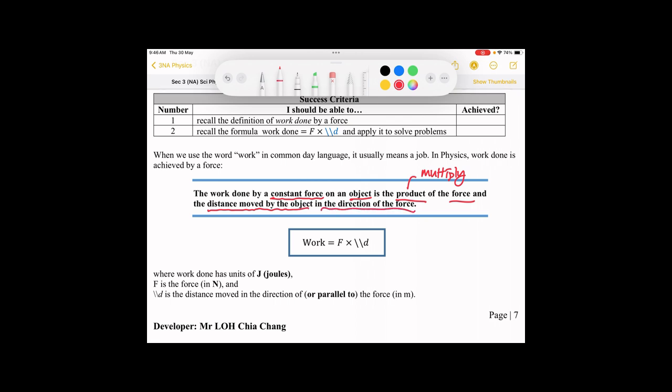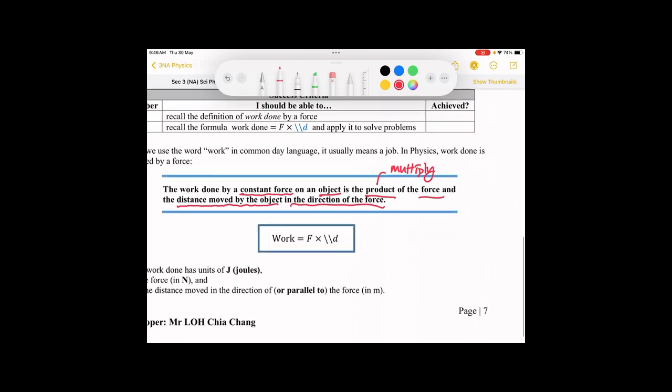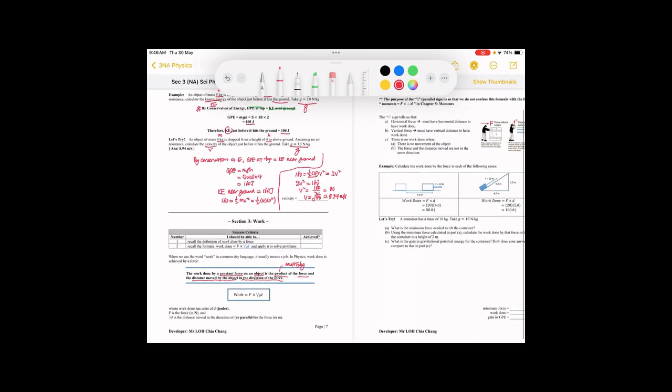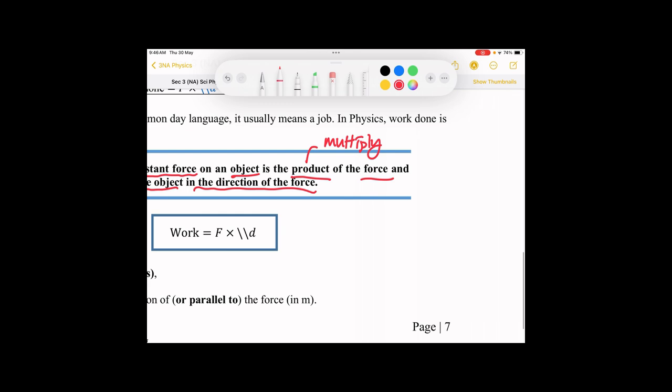I think a picture is easier for us to see. If I have an object that was originally here, there is a force acting on it. Now it traveled a distance. Let's say this distance is d. I'm using this double slash for parallel. Let me explain what this means later.